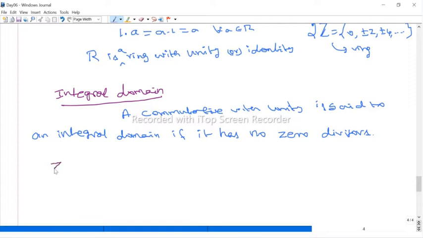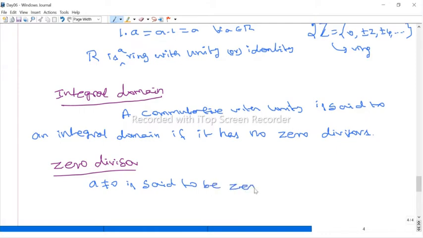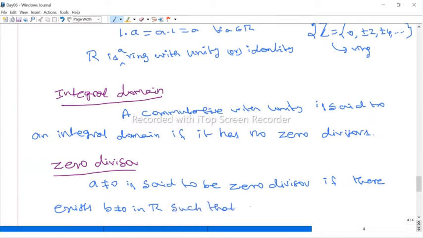A non-zero element A in the ring is said to be a zero divisor if there exists B not equal to 0 in the ring R such that A into B is 0. But A is non-zero, B is non-zero, but the product is 0.